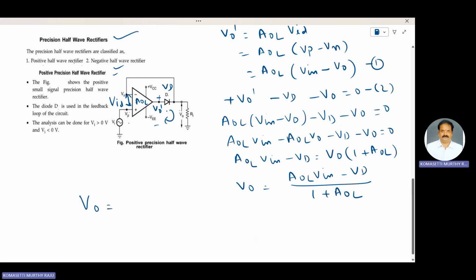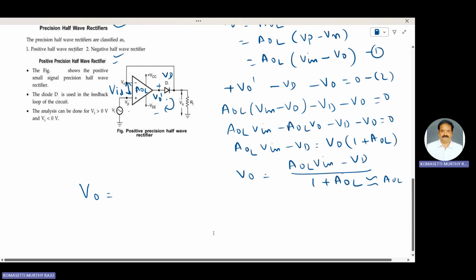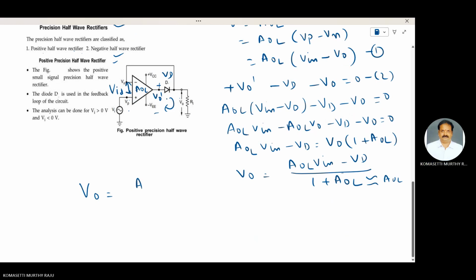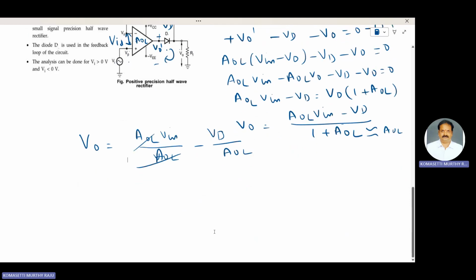Therefore, since 1 plus AOL is approximately equal to AOL, V0 is equal to AOL Vin by AOL minus VD by AOL. AOL is cancelled.